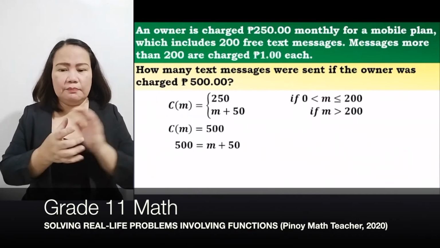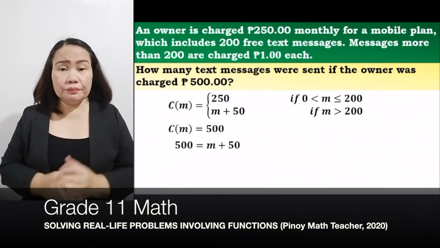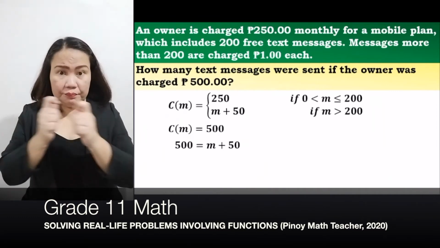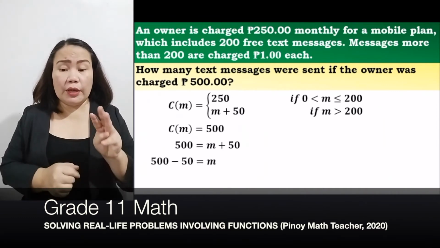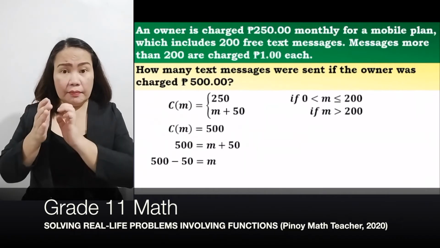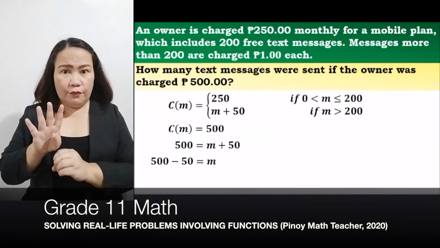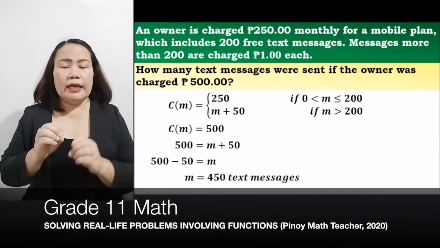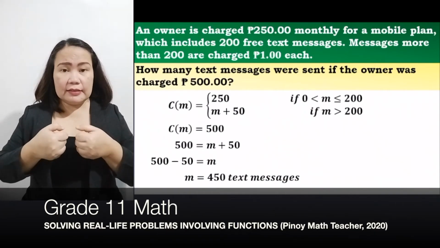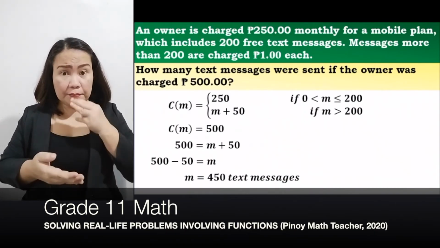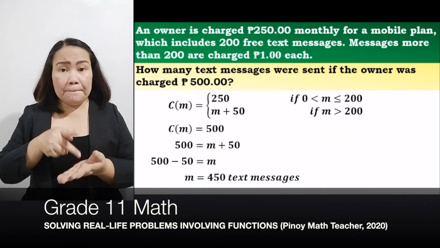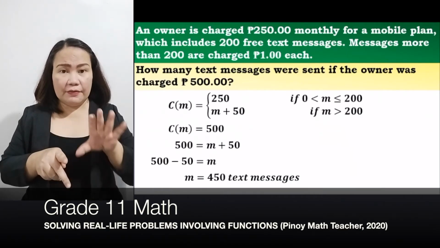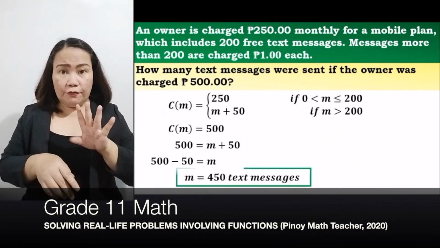Next, solve for M tayo. Transpose natin yung 50 sa kabilang side ng equation. Okay, next, difference ng 500 at 50 ay 450. Ibig sabihin, ang number of text messages na na-send niya kaya siya nagbayad ng 500 pesos ay 450.